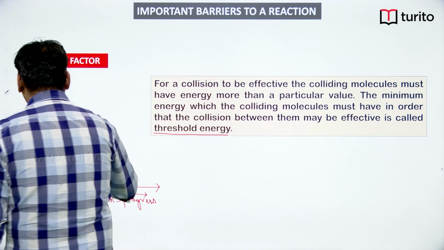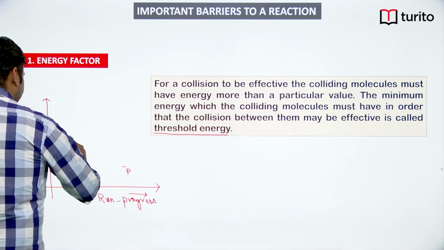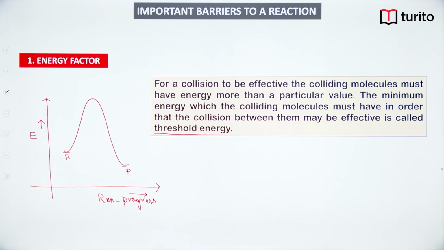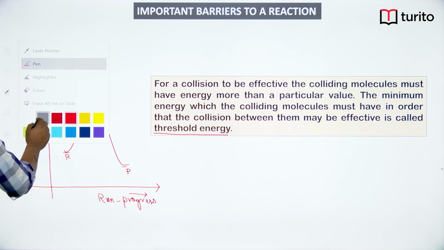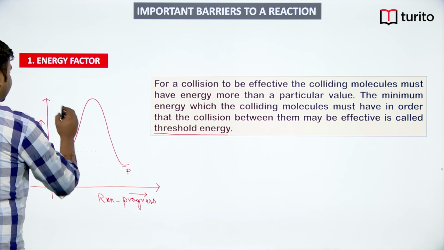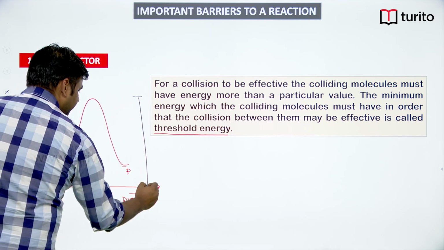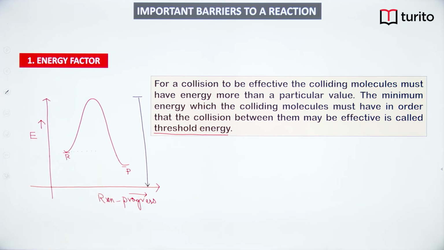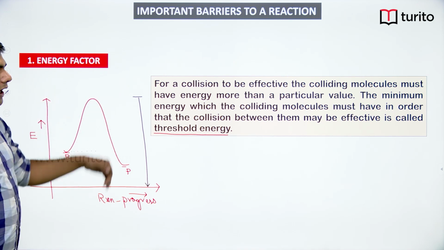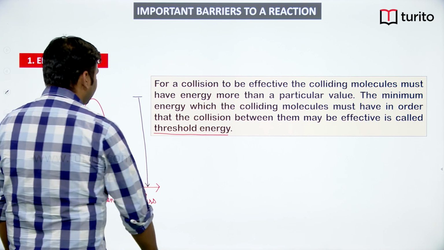Suppose I was plotting a graph, so this was the reactant, and suppose this was the product. This was the plot. This energy is our threshold energy. This is the minimum energy that is required for the reactant to change into product, and this minimum energy is called threshold energy.